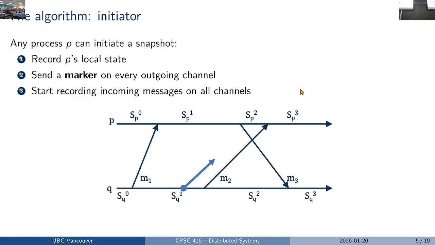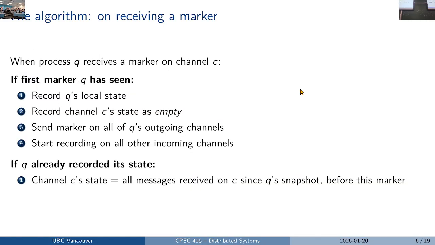Then it starts watching the incoming messages on all the channels. And here's the interesting point. It's going to get reflections back of those markers. When it sees that reflection back of those markers, now it knows what the other node's states are. And when it knows that it's heard from everybody, it can stop. And remember, it's a fully connected graph, so we know we're going to hear back from everyone at some point. It gets much more interesting when pieces of it aren't fully connected, but let's keep to the simple case.